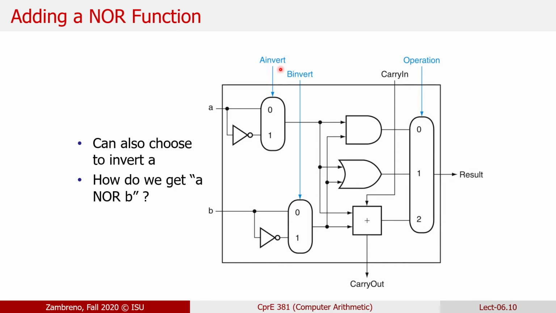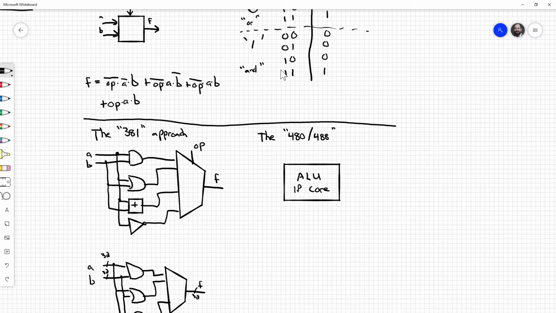The idea behind being able to also invert A is it allows us to implement functions more in the 281 style of things here, right?